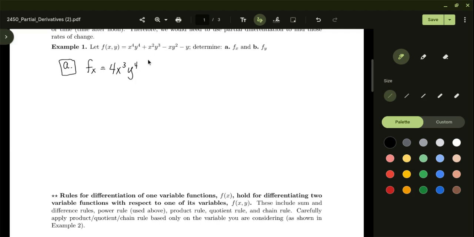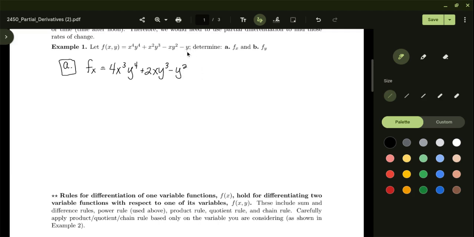Taking the derivative of the second term with respect to x, again using the power rule because we're pretending y is a constant, the derivative of x squared is positive 2x, and it's still times this y cubed. The derivative of negative x y squared, well, the derivative of negative x with respect to x is negative 1, and then we still have that times this y squared.